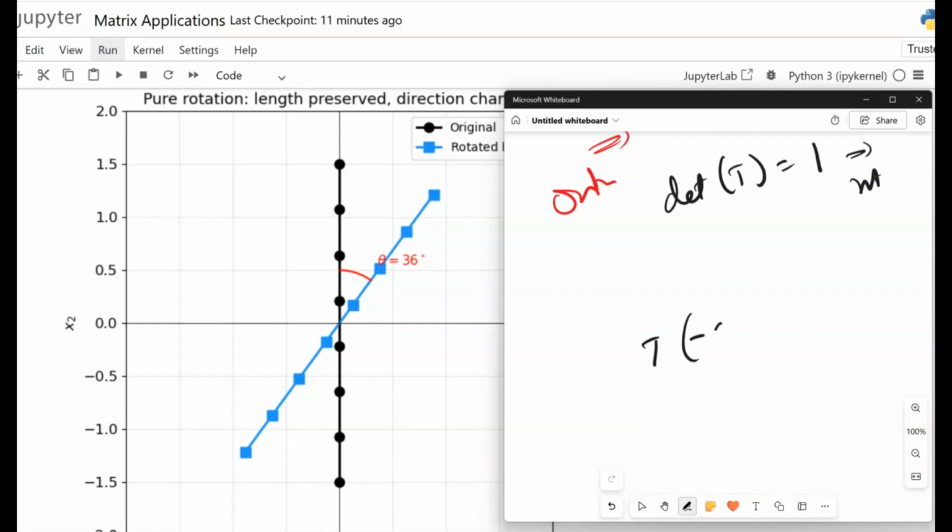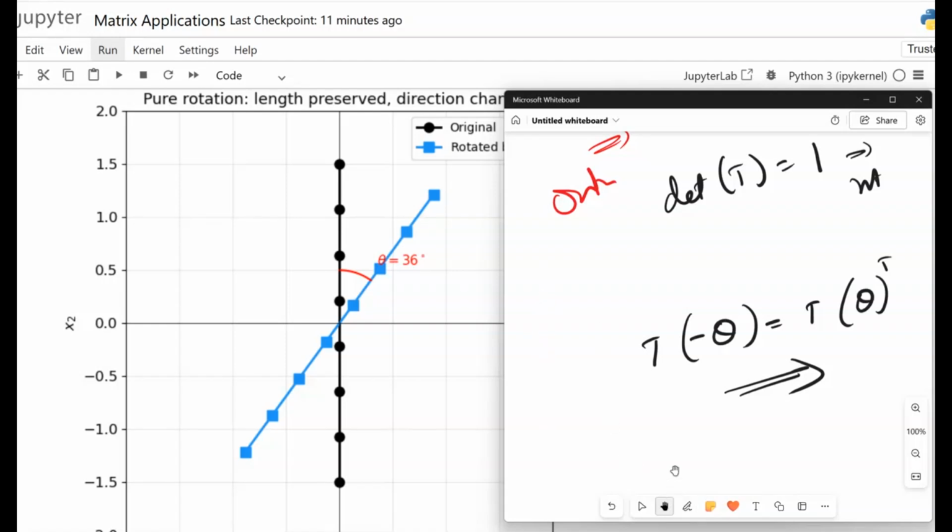T matrix of minus theta is equal to T of theta, the whole transpose. So this is what is specified as counterclockwise. Kindly observe the rotation property we just specified.